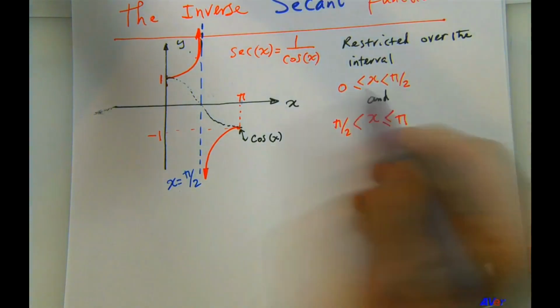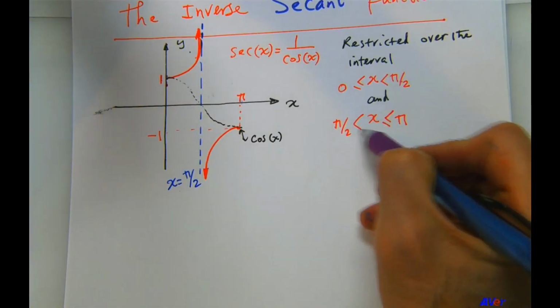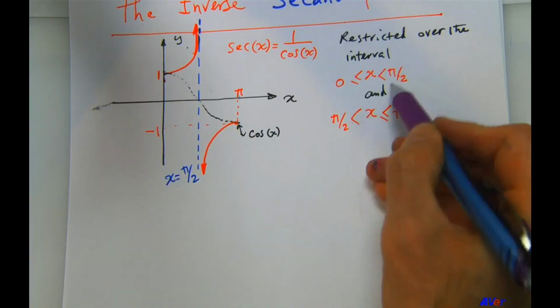So we cannot touch the pi over 2 vertical axis. That's our vertical asymptote, and that's why you have strict inequalities here and here.